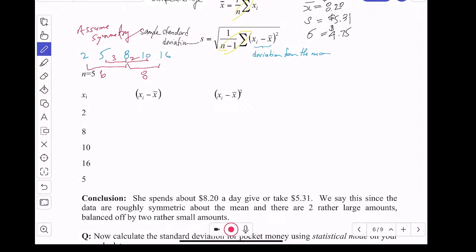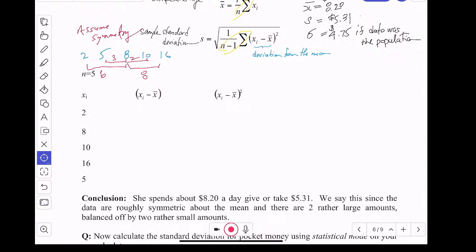And I told you this is the one we want because this is just a sample. If it was a population, all of the data, we would use that one. But we don't have all the data, we just have a sample. So we use this one.